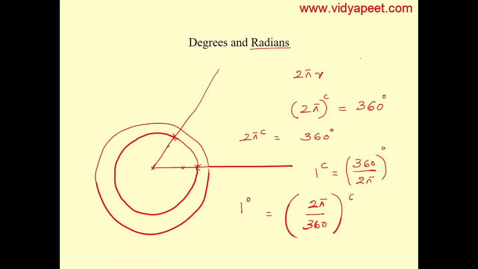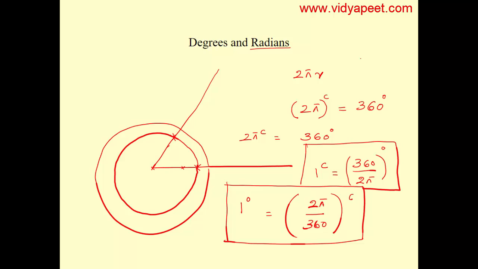This is the conversion formula, and it is very important. So radian is actually the SI unit of angle, and radian corresponds to the arc length extended by that angle on a unit circle.